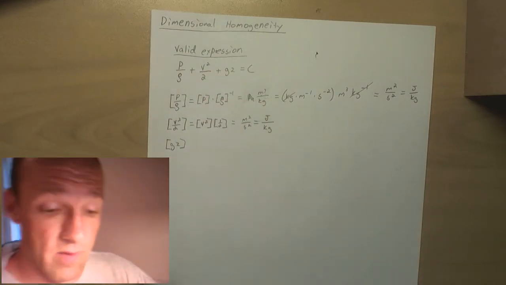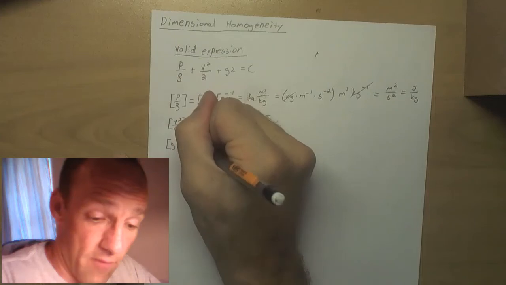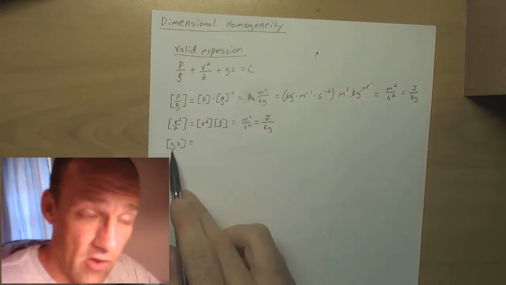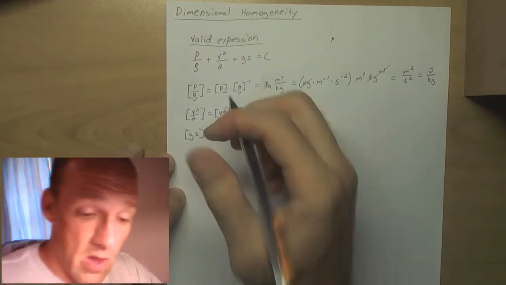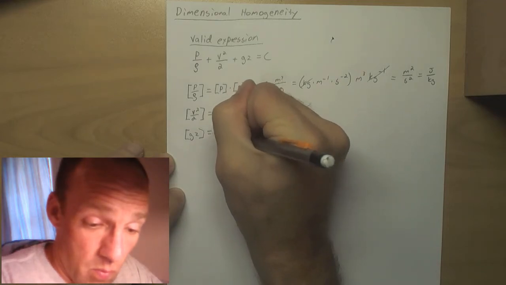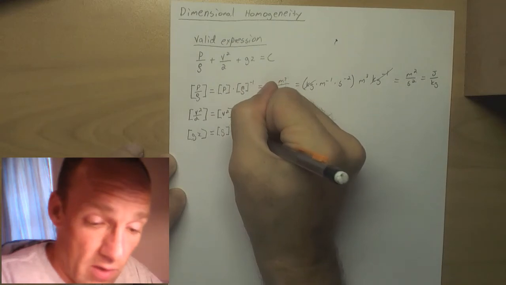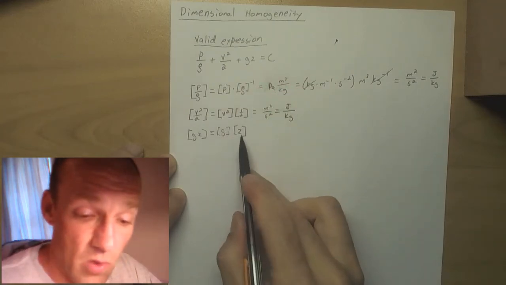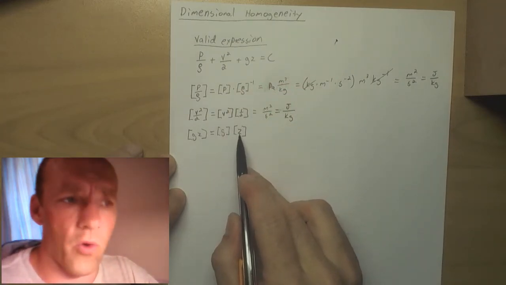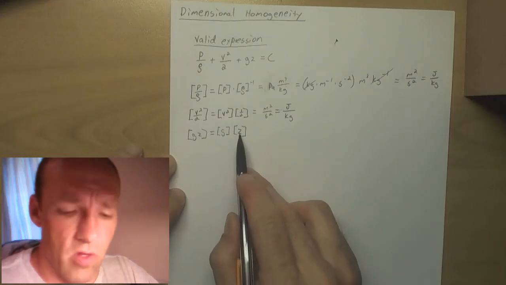Okay, and then likewise for gz, I have g is the gravitational acceleration, and so that's got to be the units of gravitational acceleration times the units of z, which in this case is just the z coordinate, so this is going to have units of length.